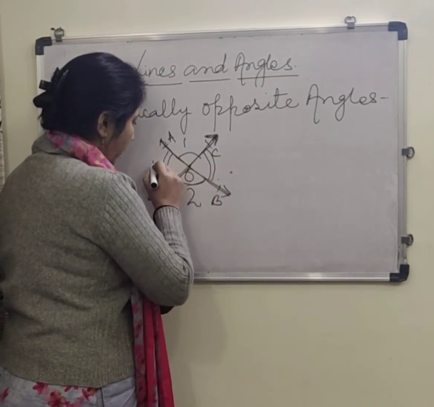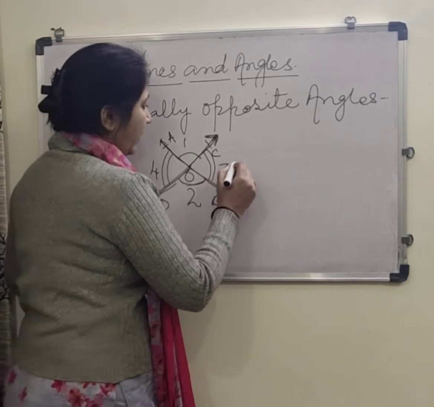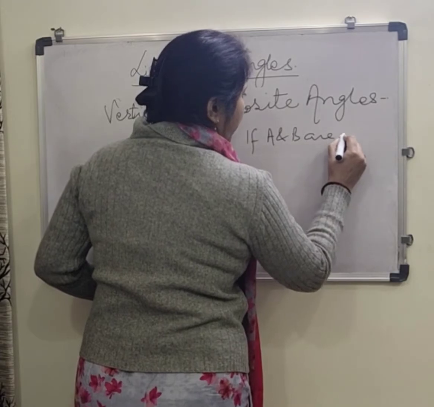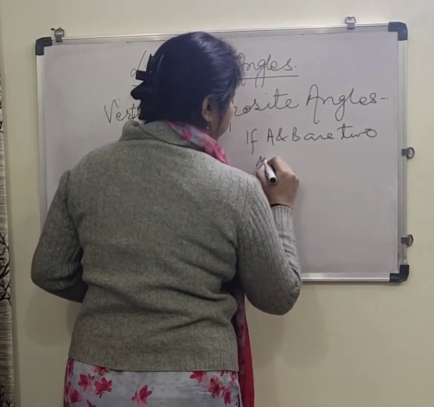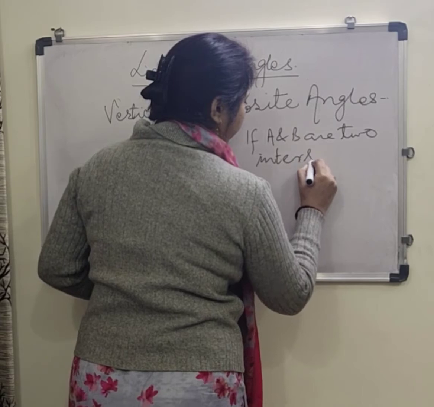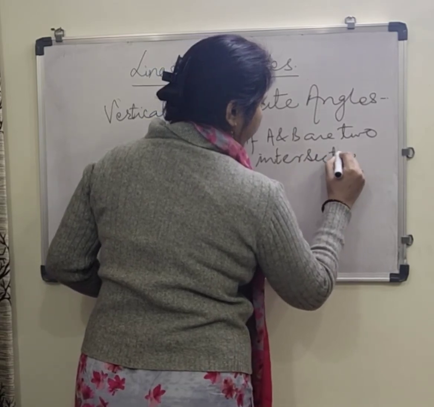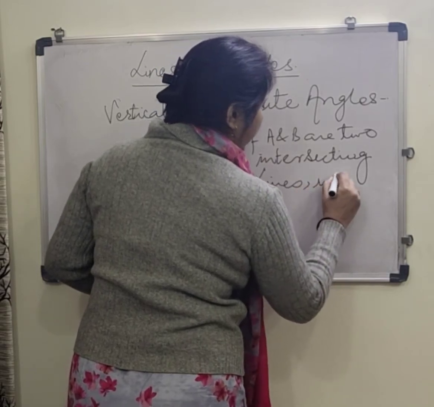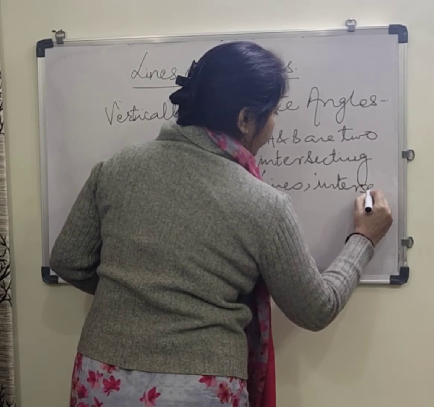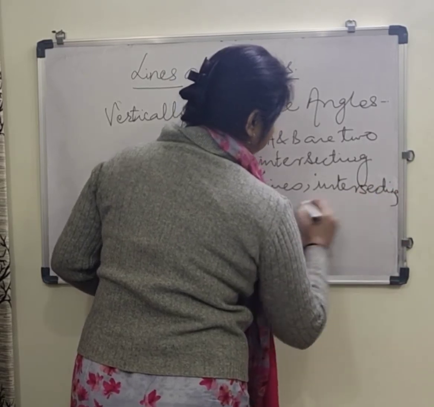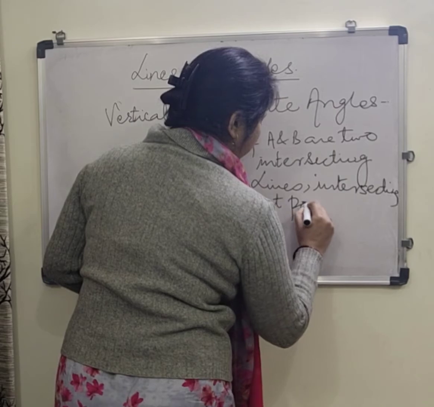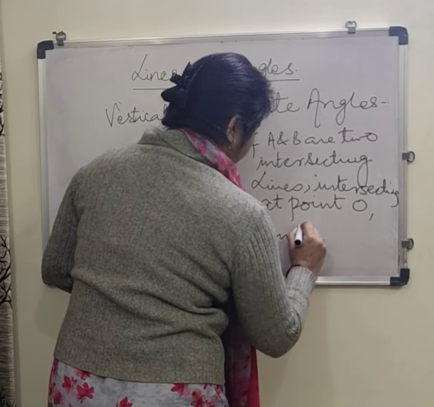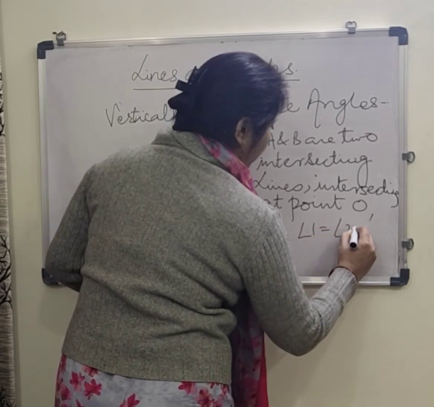Here it is 4. So, we can write if AB and CD are two intersecting lines, intersecting at point O, then angle 1 is equal to angle 2.